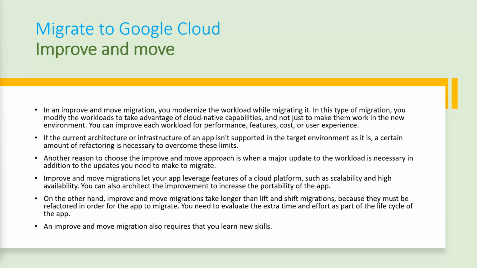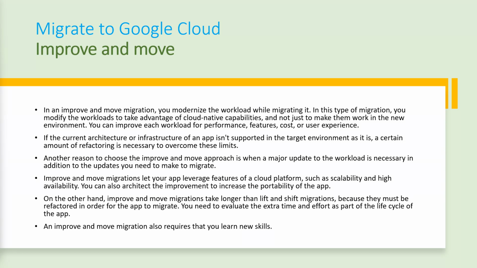Let's say you have a SQL Always On cluster and you want to move to the cloud. It might not support SQL Always On clustering. Of course Azure will support it, but you have to have a workaround to do it. Another reason to choose an improve and move approach is when a major update to the workload is necessary in addition to the update you need to make to migrate. For example, if you're running a pretty old version of the software or OS, this is the time to upgrade and then move.